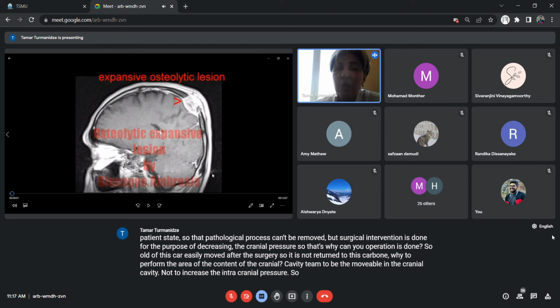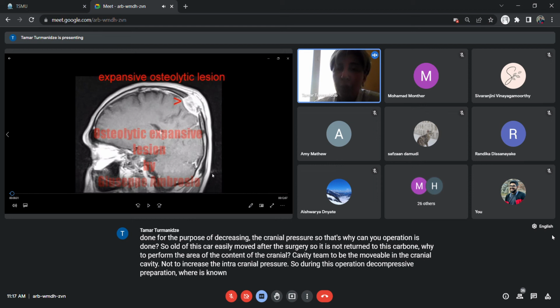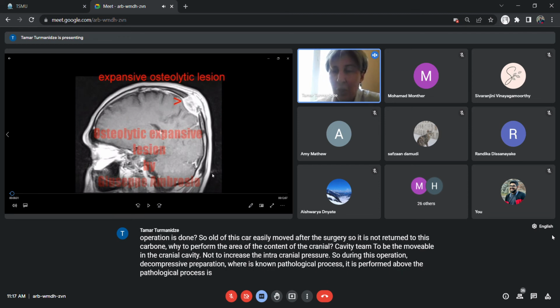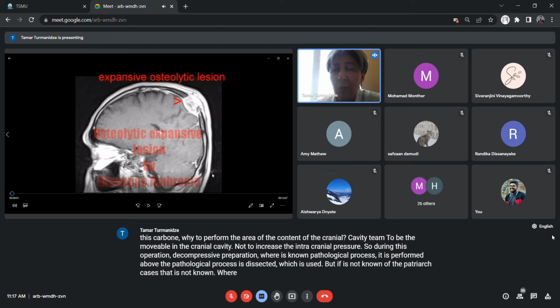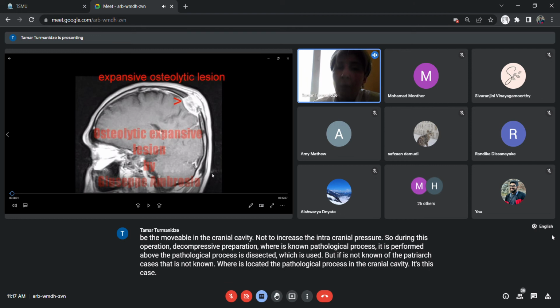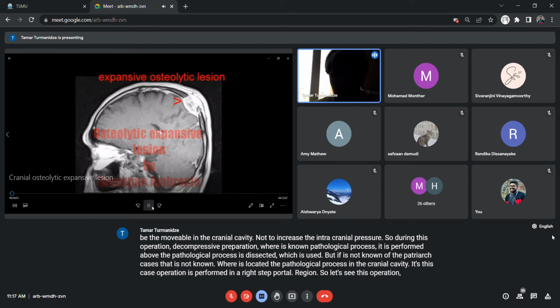So during decompressive trepanation, when the pathological process is known, the tissues are dissected above it. But there are cases when it is not known where the pathological process is located in the cranial cavity. In this case, the operation is performed in the right temporal region. So let's see how this operation is performed technically.